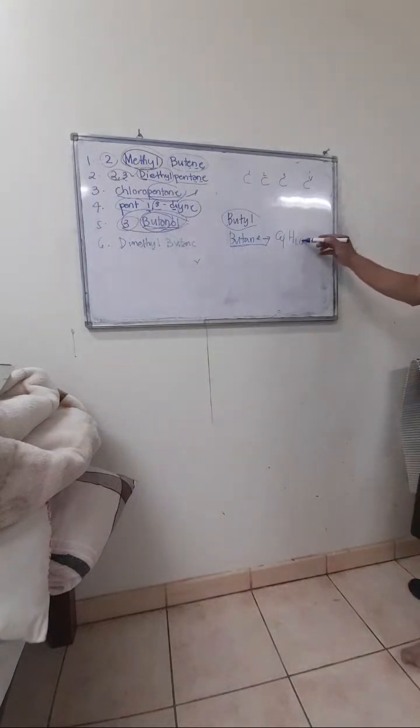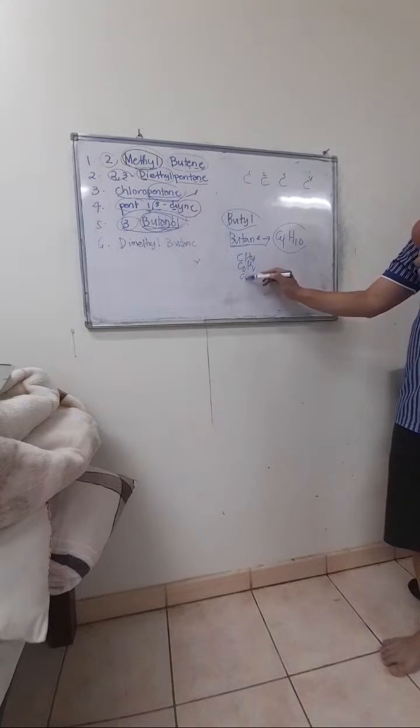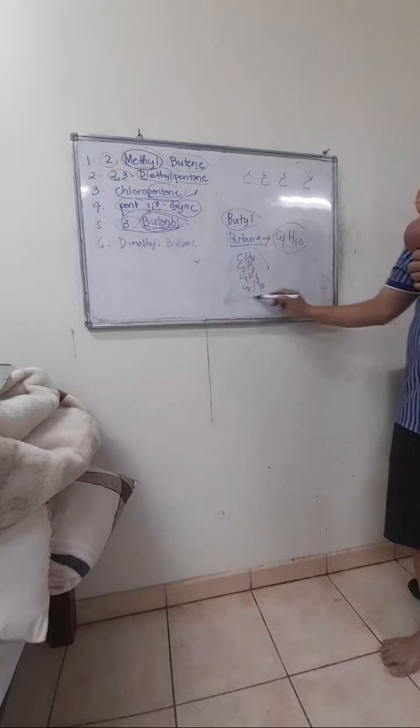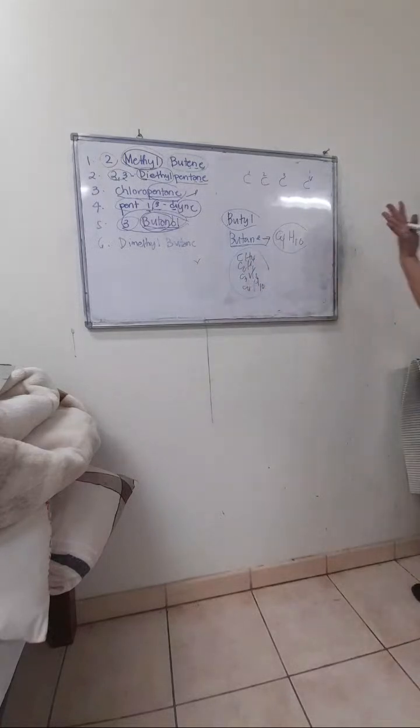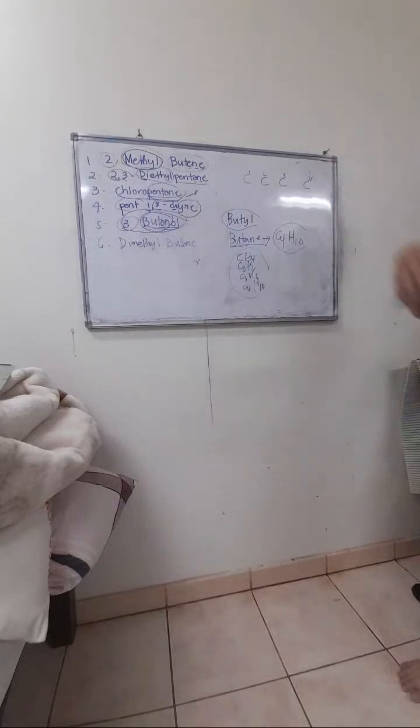Memorization technique: C2, let's go back to CH4, wait, C2H6, C3H8, C4, yeah, C4H10. You will always remember during your memorization that the gap of the carbon atoms is 1, and the gap of hydrogen atoms is 2, in ascending order, meaning increasing. See? 4, 6, 8, 10, 12.